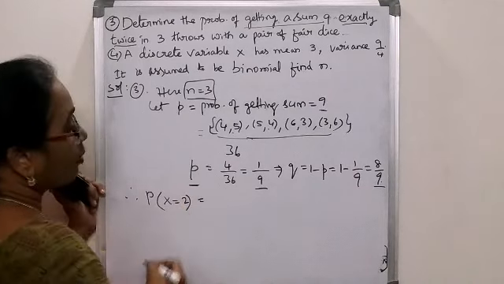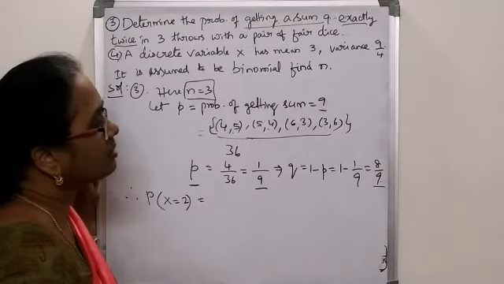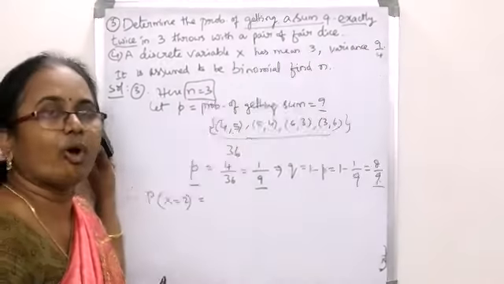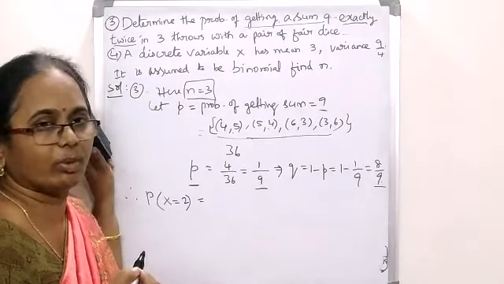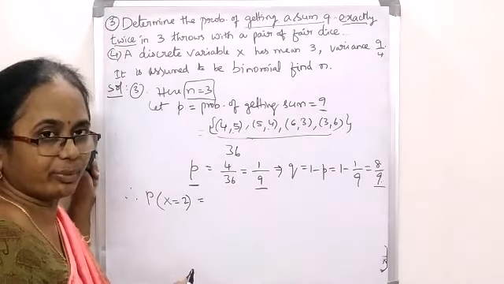And according to binomial distribution, we are applying the binomial distribution because the outcomes in the given problem correspond to non-negative values of the discrete variable. And hence we are substituting the binomial distribution rule.